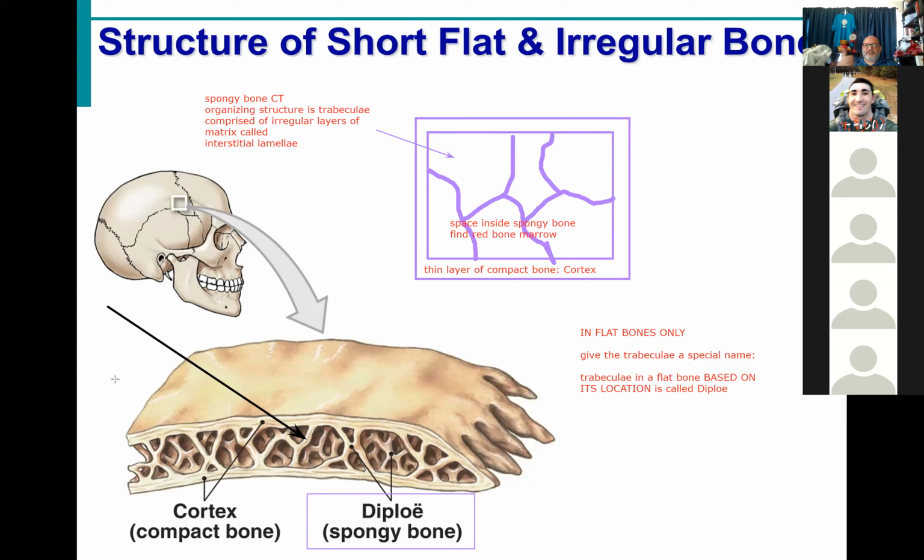I could ask you to identify the tissue type, be specific, and you would say spongy bone. I could ask you to identify the organizing structure, and you would say trabecula. I could ask you to identify the type of layer of matrix that forms this structure, and you would say interstitial lamellae. And then I could also ask you, identify this structure based on its location, and because this is a flat bone, you would say diploe.